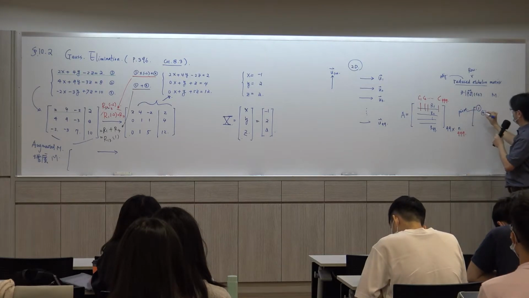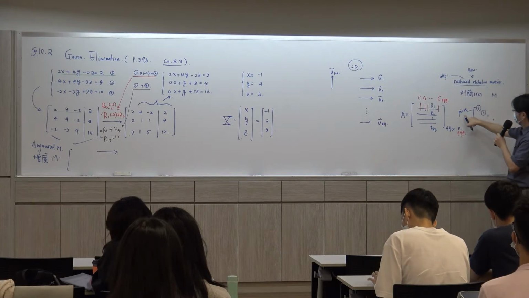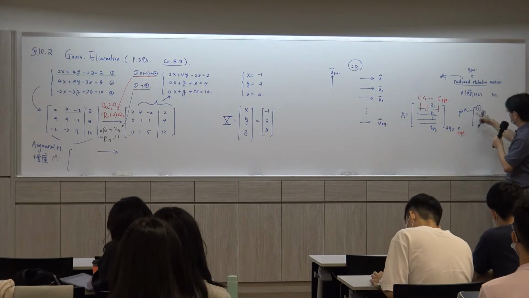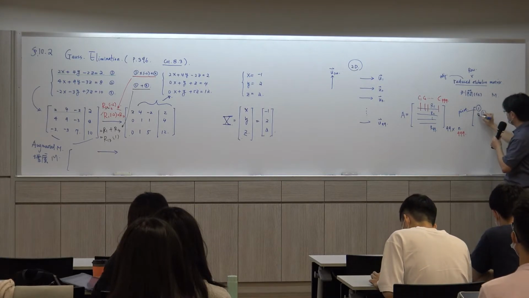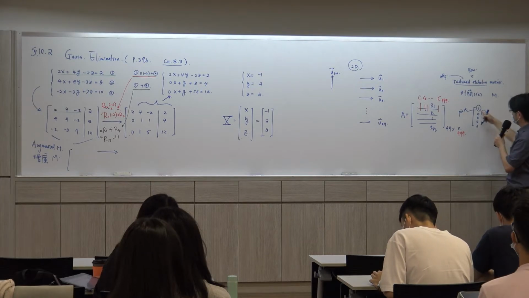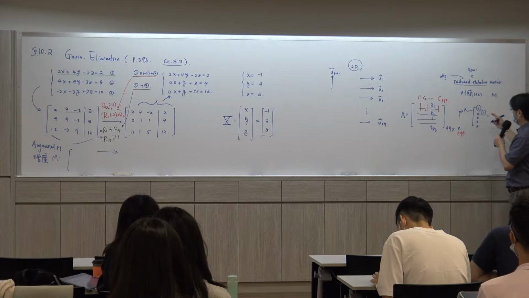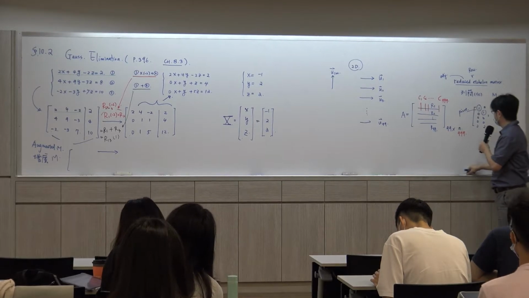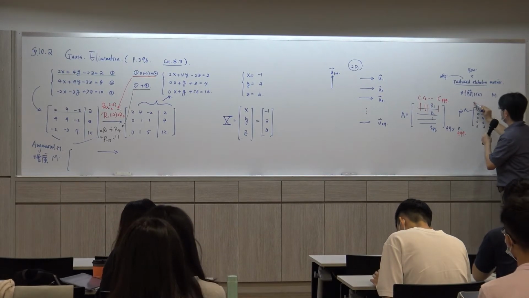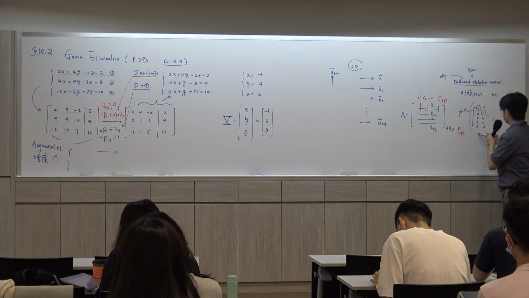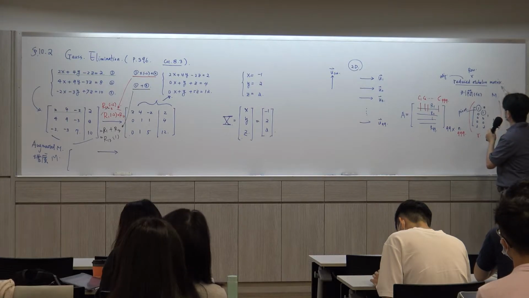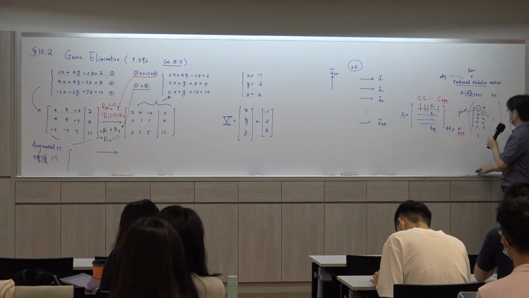through here. So what does the pivot mean? In the column, other element should be 0. And this is called reduced echelon matrix.